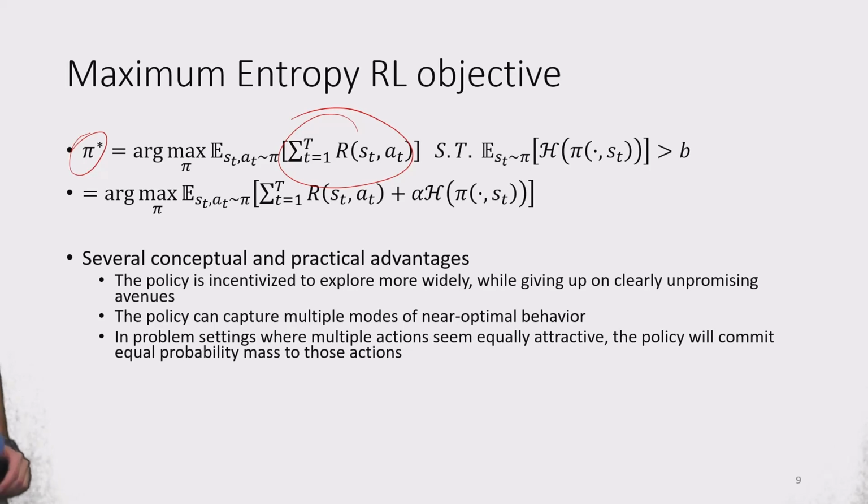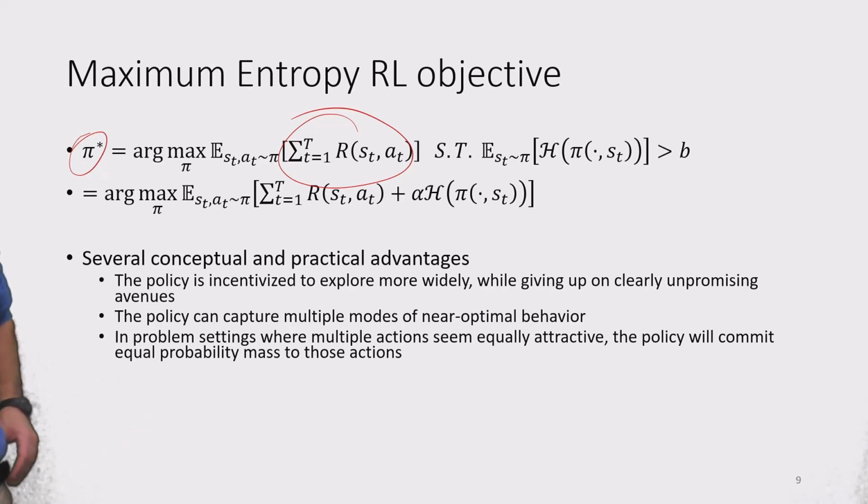A high entropy policy can capture multiple modes of near optimal behavior, and in many cases this is of high value for us, specifically if the environment changes, or in cases where we do want to have a contingency plan, so it will allow us to know about all modes of optimality. Again, in many real applications that's important.